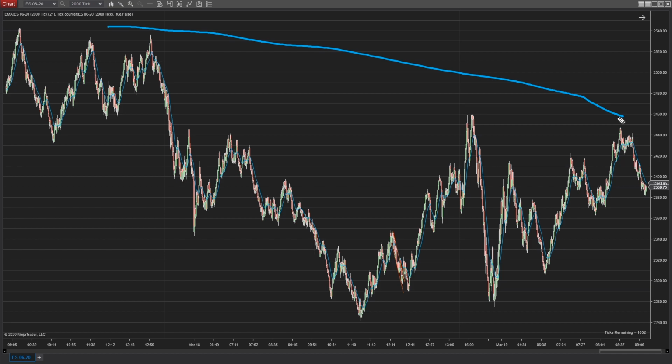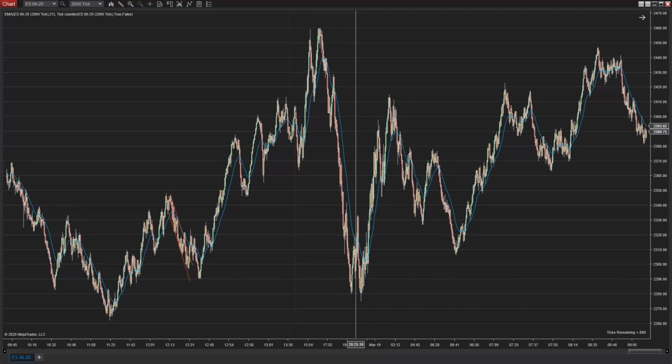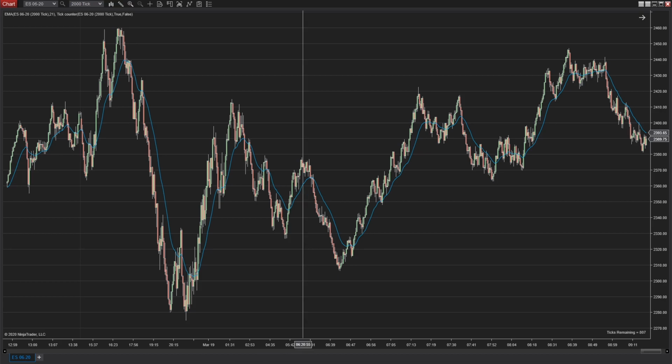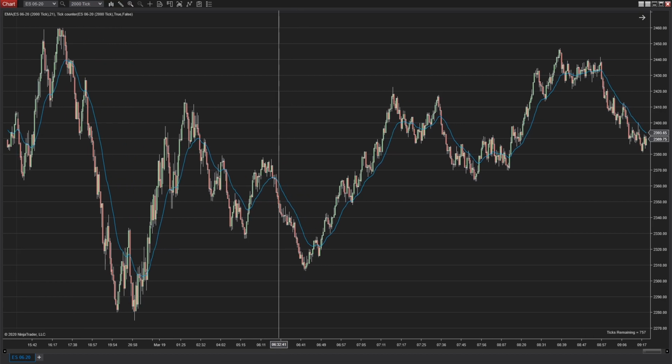And so that is something to be aware of, but that doesn't really affect our trading because we're trading on such a small scale and such a short time frame. We don't have to worry about that overall trend as much. Generally, what we only care about is the trend during the current day and over the last couple hours, or maybe even half an hour, depending on how quickly the market is moving.